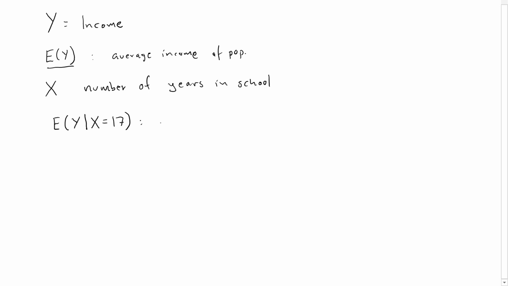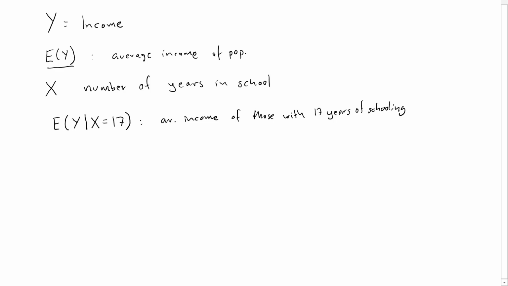This thing you can think of as the average income of those with 17 years of schooling. That's the conditioning part. That is, we're conditioning on x equal to 17, just focusing on those individuals where the outcome of the x variable is 17.